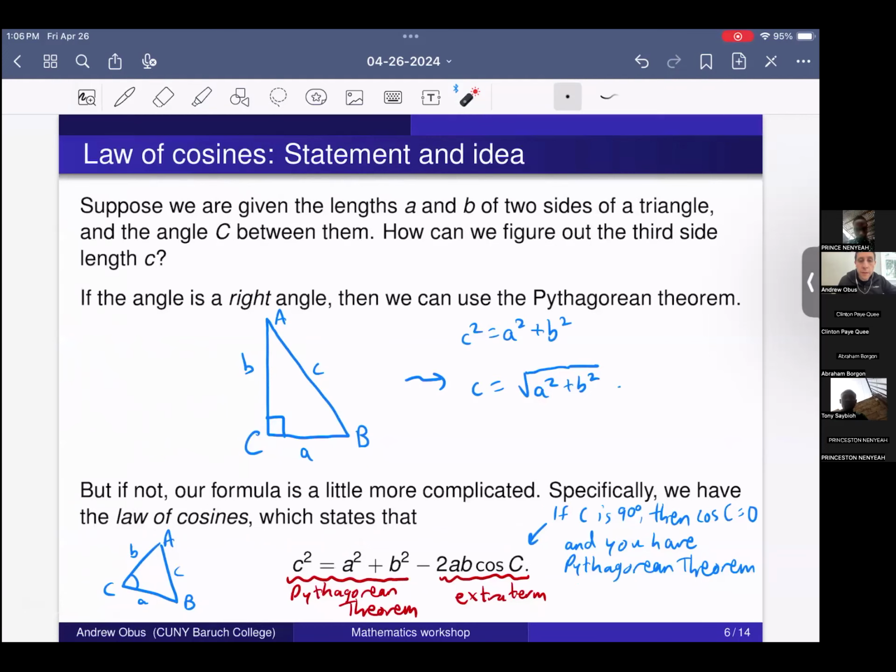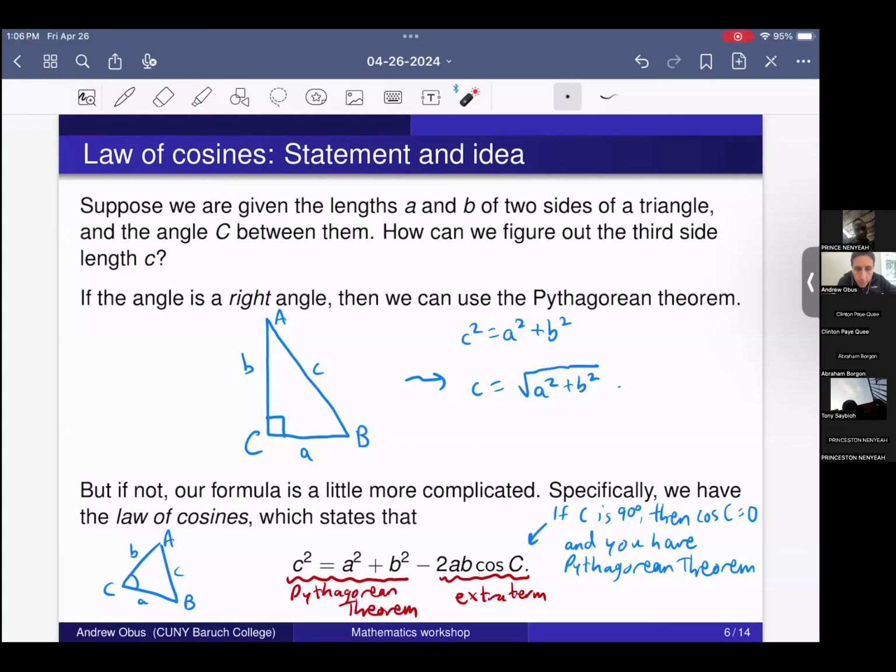Yeah, what we have is c squared equals a squared plus b squared minus 2ab cosine C. If for any reason we don't have a, can any other formula be derived from this one? Like for instance, we don't have a squared.